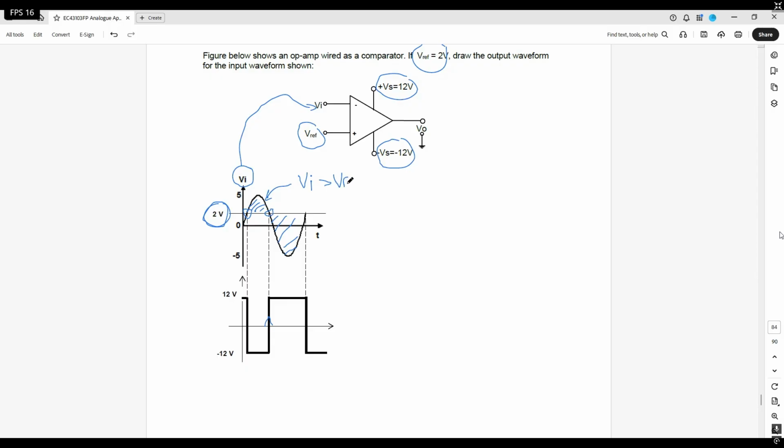This one is the opposite, where Vi is less than Vref, which comes from the condition we saw earlier, the same thing.